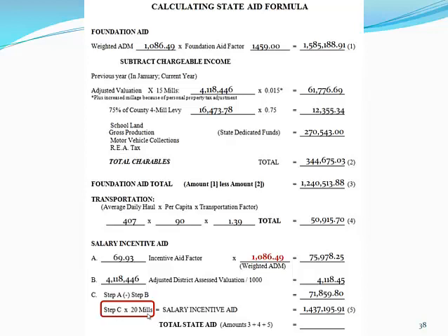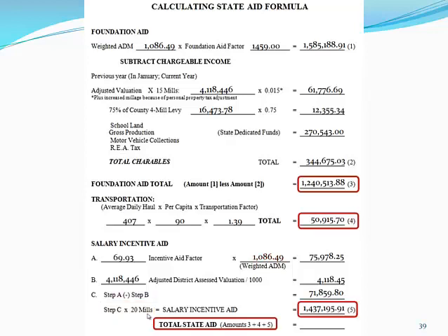And so the last thing then is we add our information together. So we take our foundation aid, our transportation, and our salary incentive aid and add them all together. Now again, if your salary incentive side were a negative number, we would change it to 0. You have to change it to 0 because otherwise it's going to subtract.